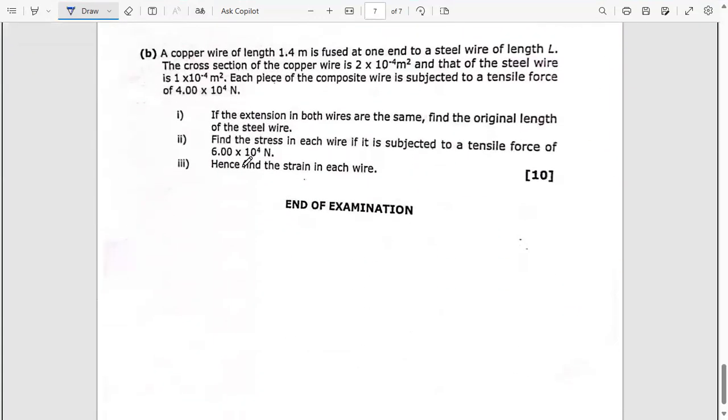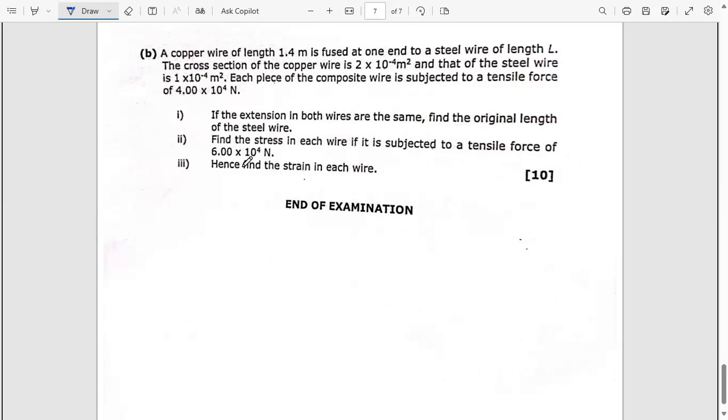So question B, which should be the last one in this paper, is saying a copper wire of length 1.4 meters is fused at one end of a steel wire of length L. The cross section of the copper wire is 2 times 10 to the power minus 4 square meters, and that of the steel wire is 1 times 10 to the power minus 4 square meters.